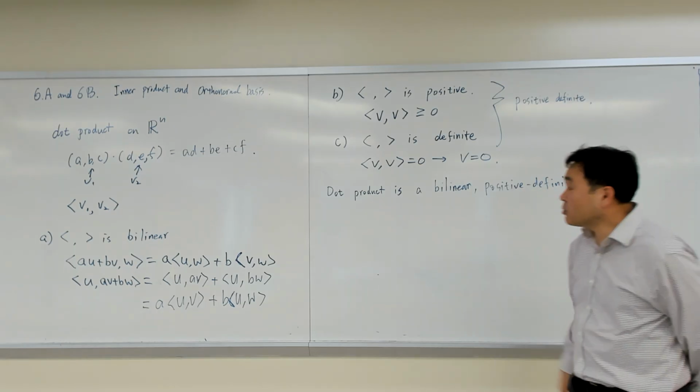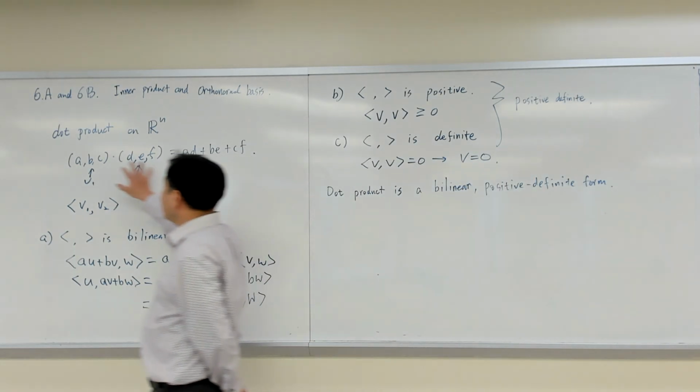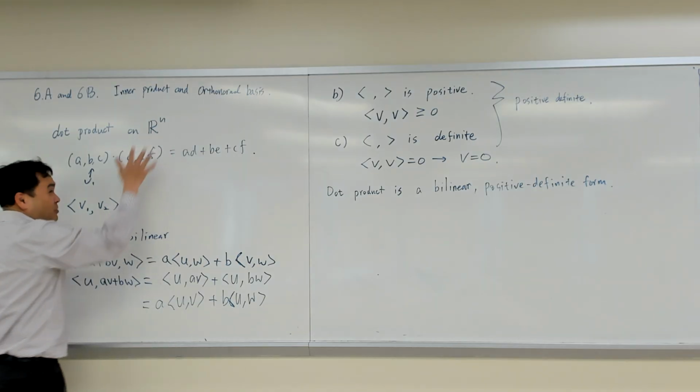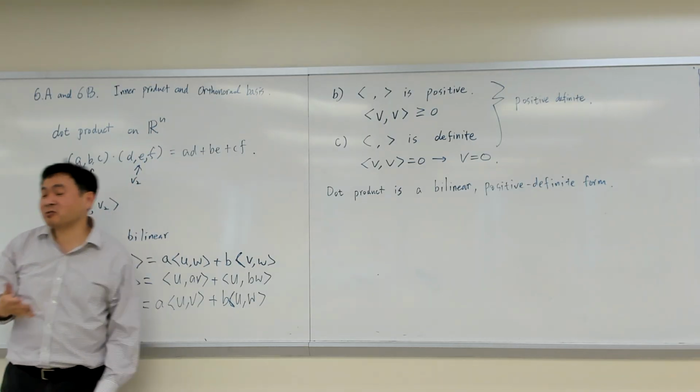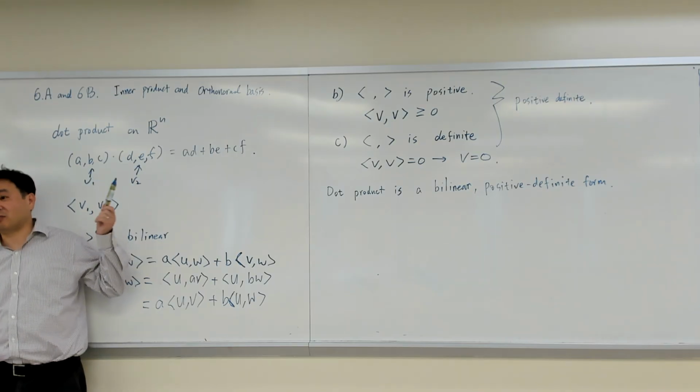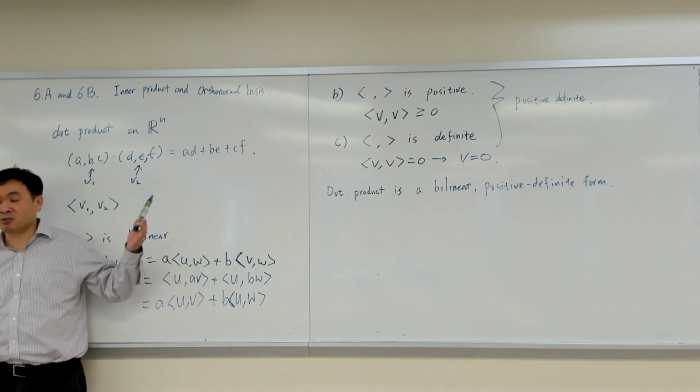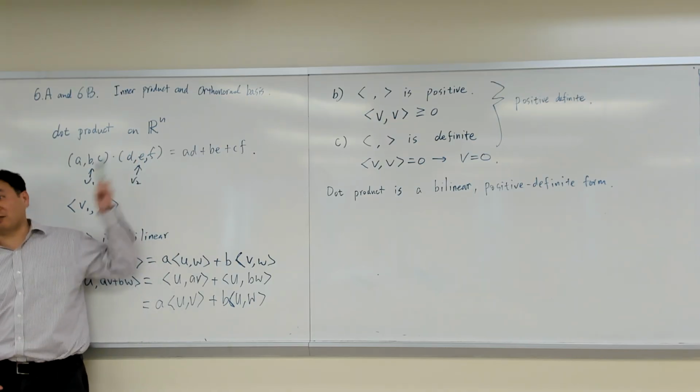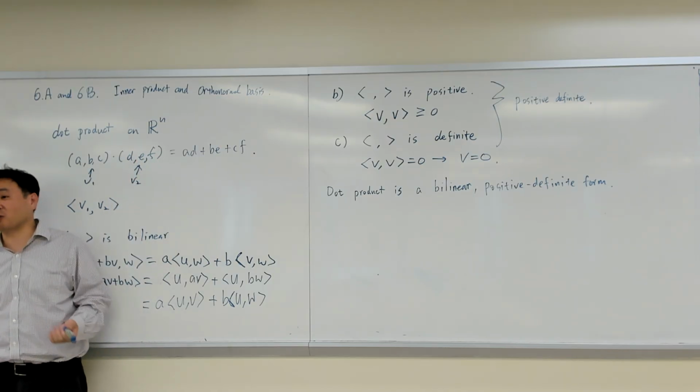Note that Rn is different from the usual vector space in the sense that it has a natural, it has a canonical basis, right? Canonical means natural. So there's a choice of bases that's quite natural in Rn. What are those?